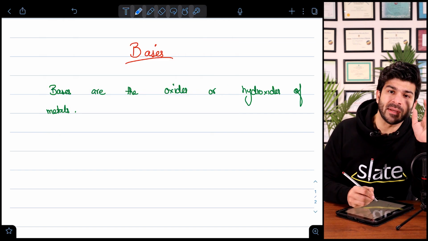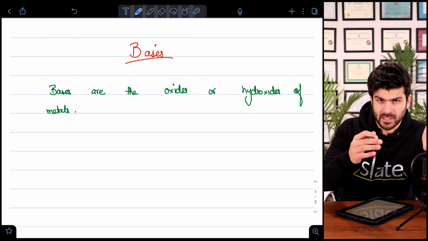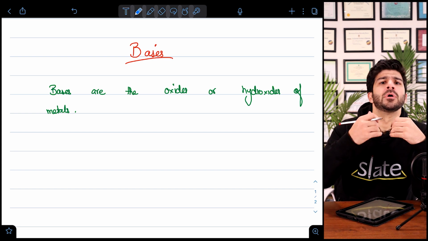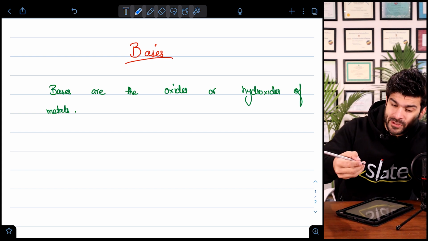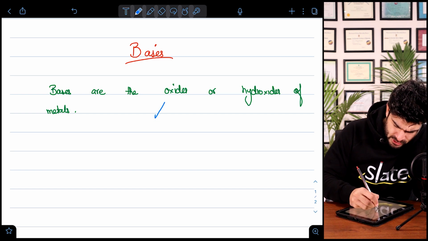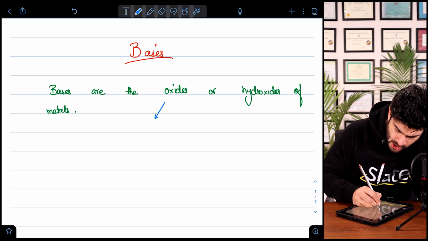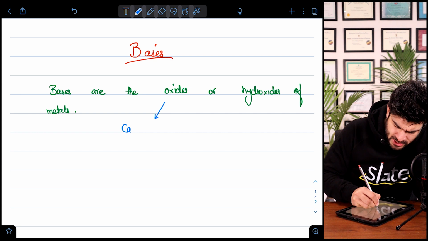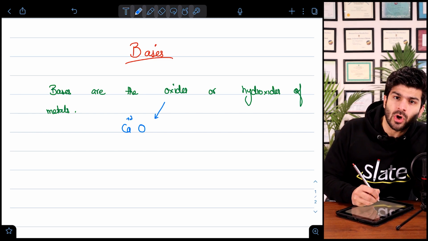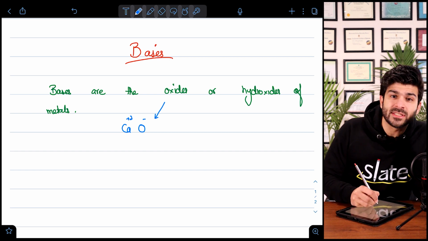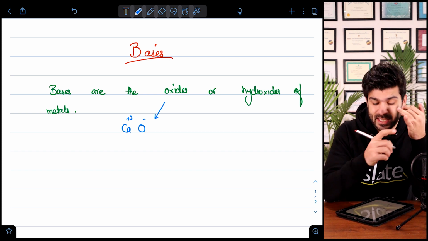So when you see there's a metal, any metal, calcium, barium, magnesium, iron, and you see an oxide of that metal, for instance, if we call it calcium oxide, know that calcium is in group 2, therefore calcium will have a +2 charge. Oxygen is in group 6, hence -2.